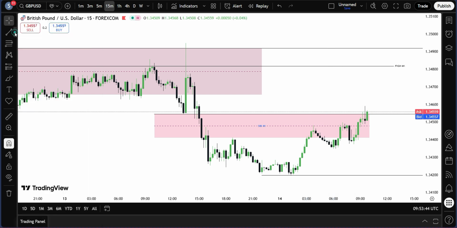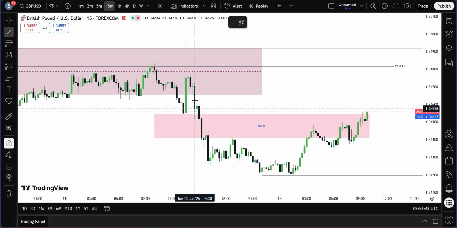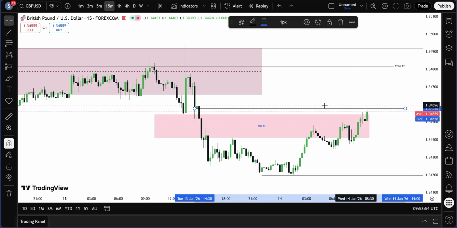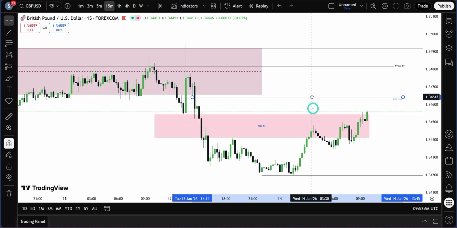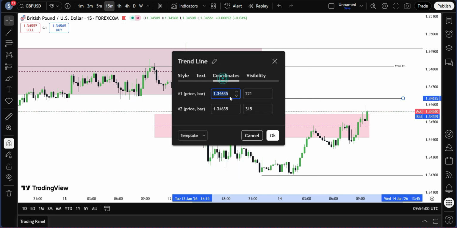So I'm going to draw this out in time as we are just tape reading. We are not taking any trades. I just want you to see what we would have done had it been that we were going to take any trades. So I'll set this at 630, which is just a round number.